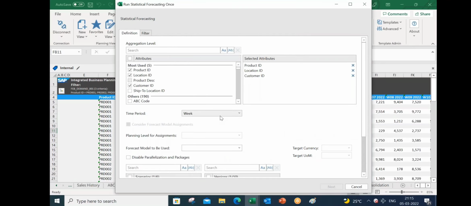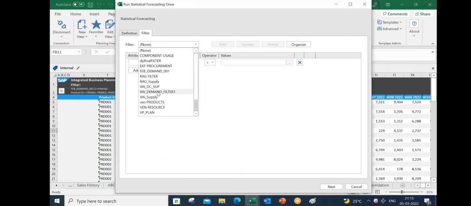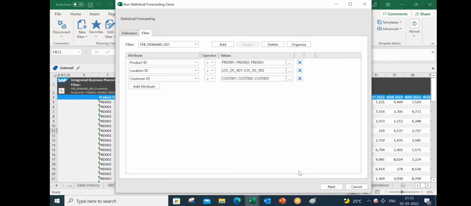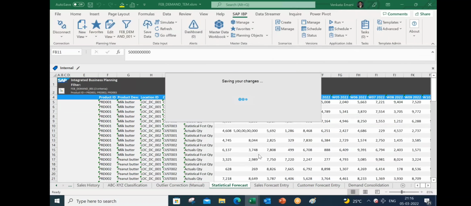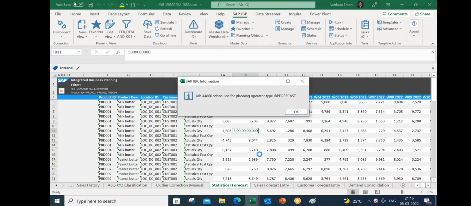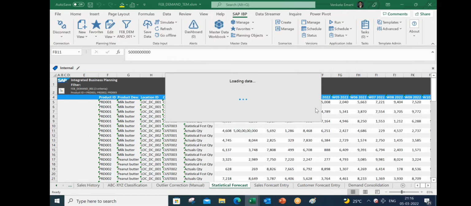Week target given. Yes, so the job will run now.